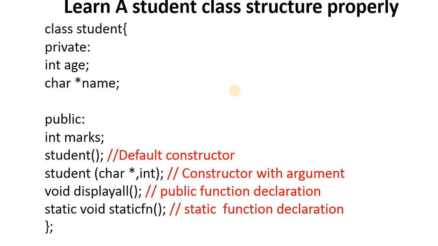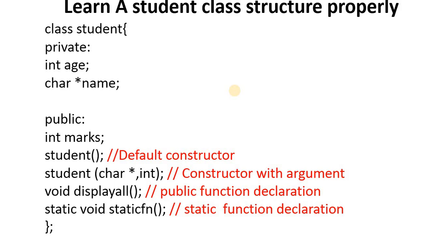And then I have purposefully defined a static function, and static means available to all. What it means you will come to know a little later. So now we have defined a class called student with private and public variables and functions.